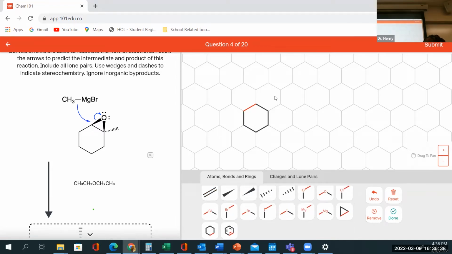The magnesium bromide, in a sense, would have a plus charge associated with it, because this is now going to be MgBr plus, since you no longer have the methyl group that is providing that negative electron.